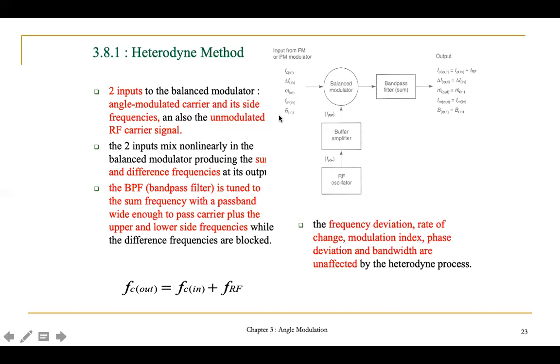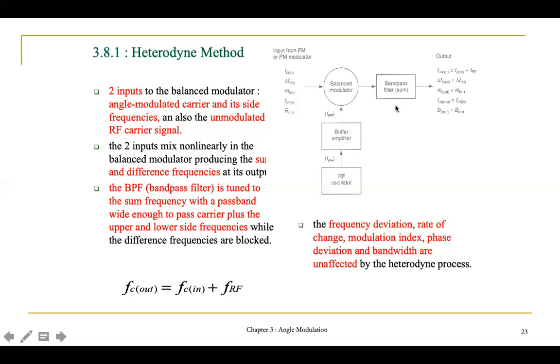You want to up convert the frequency, you want to increase the frequency. For the heterodyne process, to up convert the frequency, it introduces an RF oscillator, buffer amplifier, balanced modulator, and also a band pass filter.